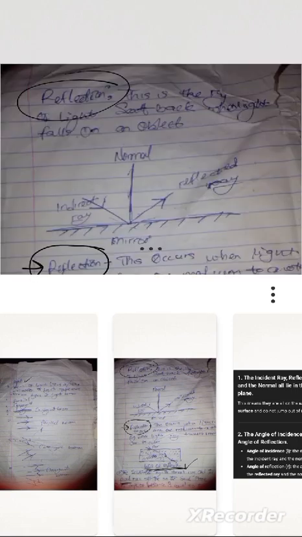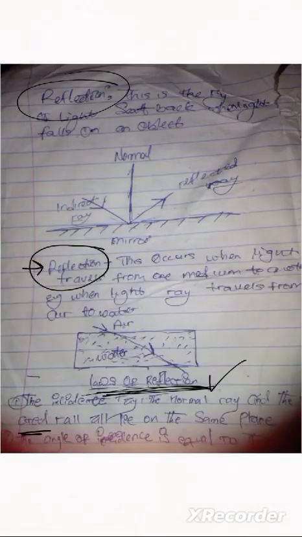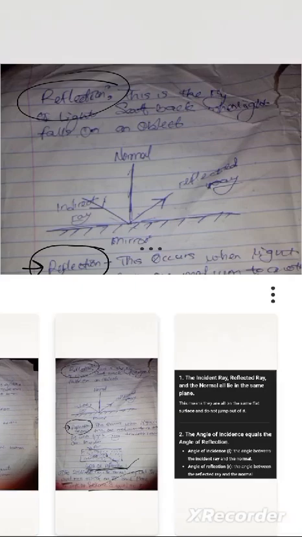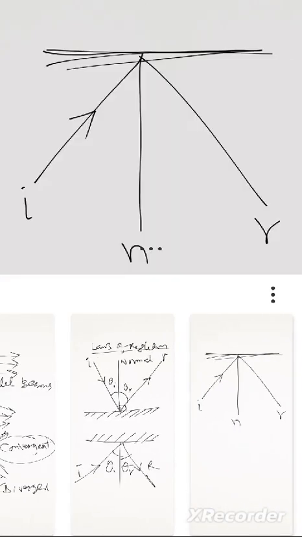All right. The second law states that the angle of incidence is equal to the angle of, I don't know why he didn't write it there, but what that law is saying is this.